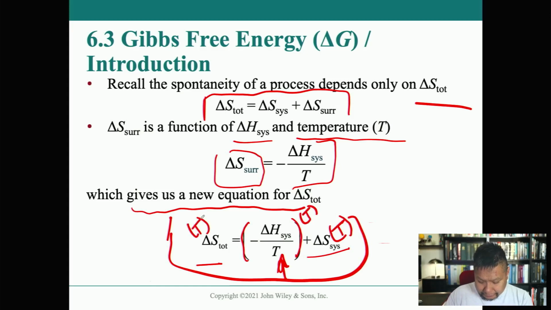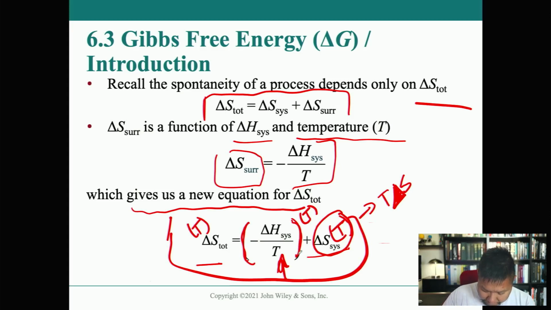When you do that, this here becomes T delta S. And then if you multiply temperature by our new delta S surroundings, what do you get here?